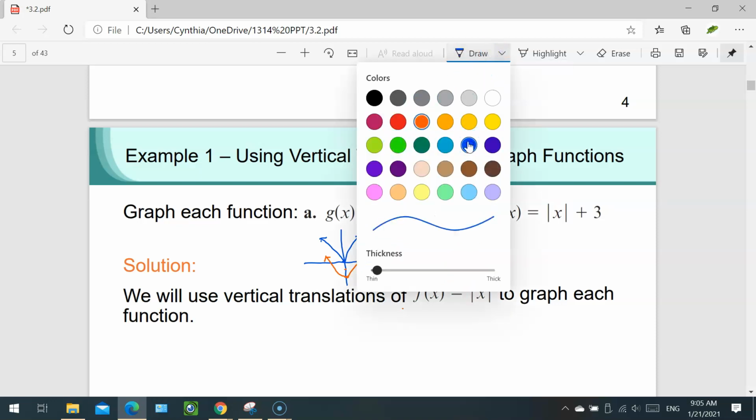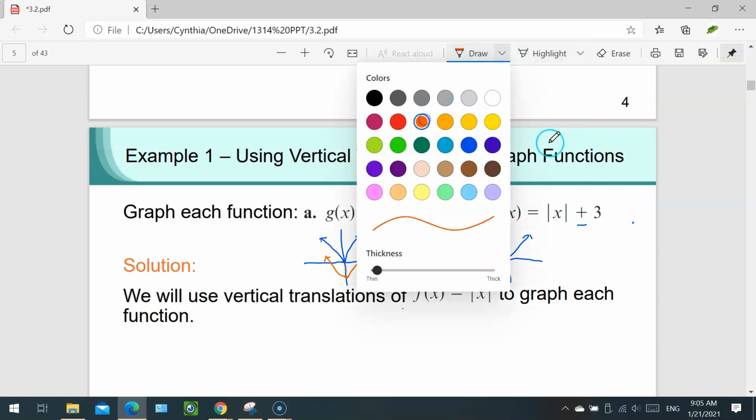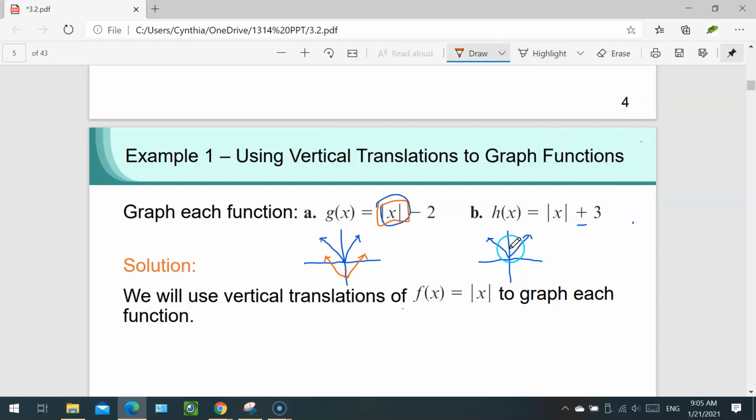Now we do the other one. Absolute value of x, plus 3. Outside of the absolute value function, it adds 3. So that means this V shape will shift up 3 units. Okay, let me change the color. So it will go up 1, 2, 3.